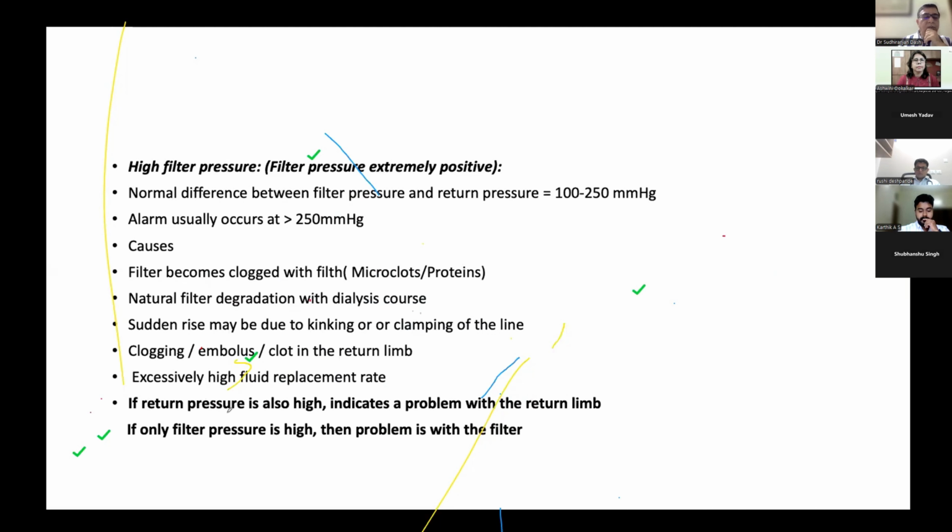Return pressure, if it is high, indicates a problem in the return limb. You have to see whether there is any kink or any clamp, or any other thing which is pressing the catheter itself. If the filter pressure is high but the return pressure is low, that indicates that the filter has clotted.